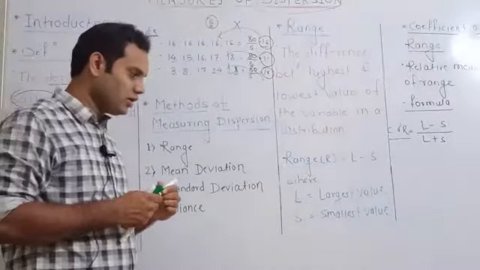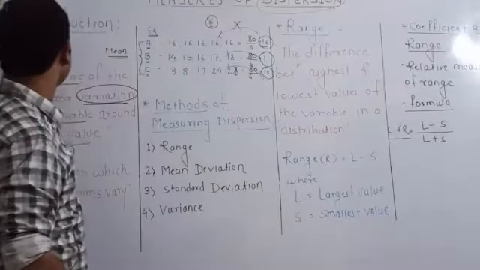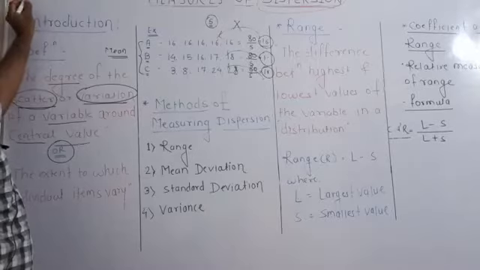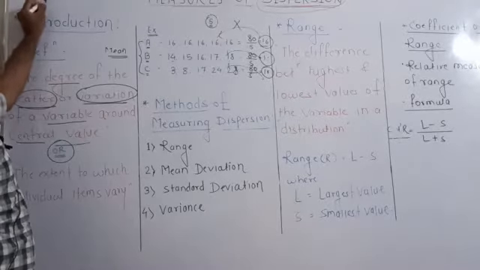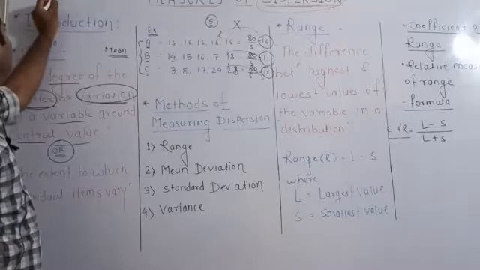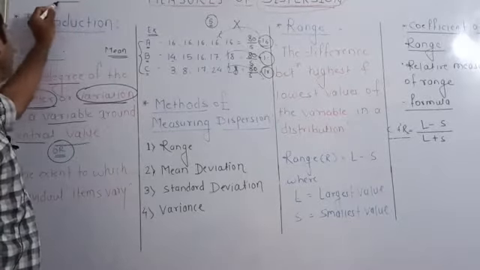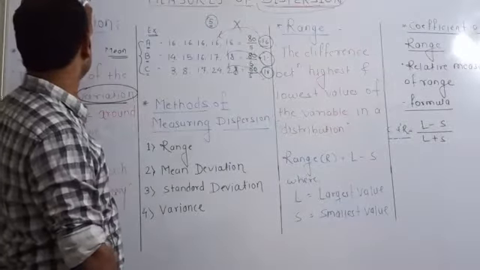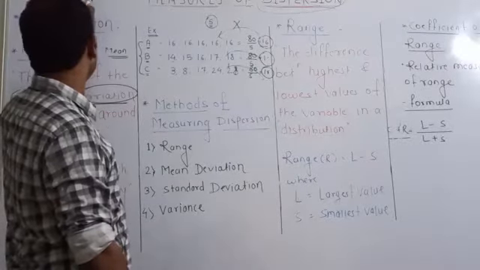Let us take one example here. If I take a data set 2, 4, 8 and 10, there are 4 different observations.